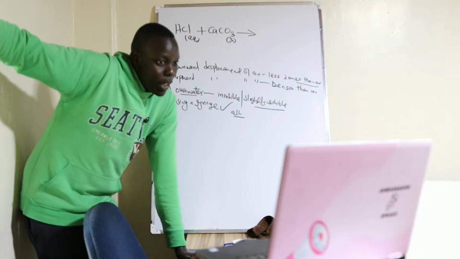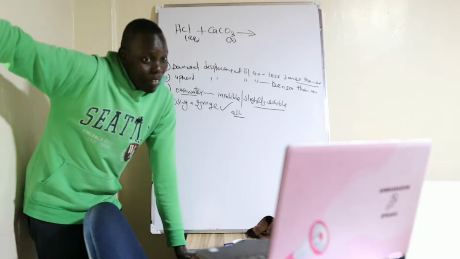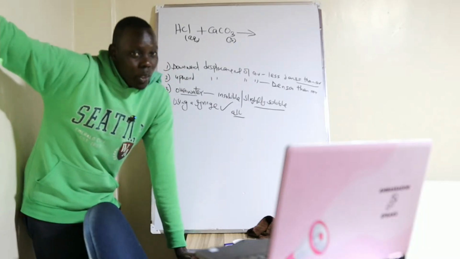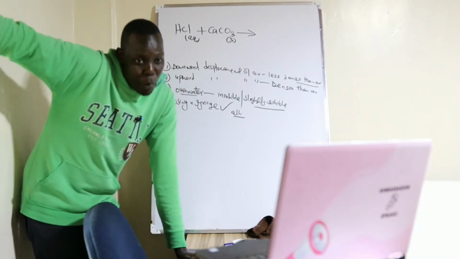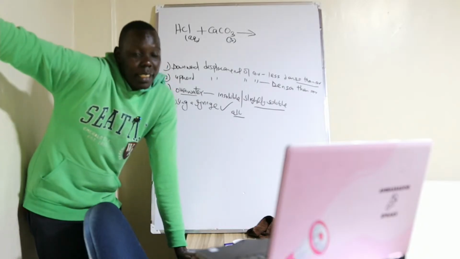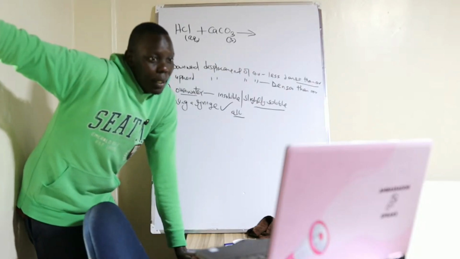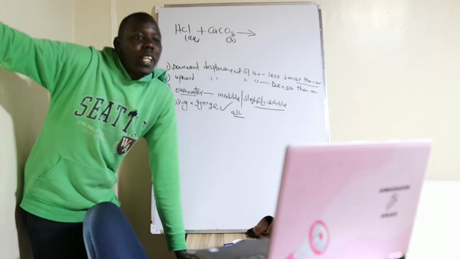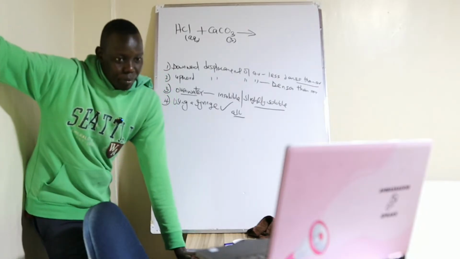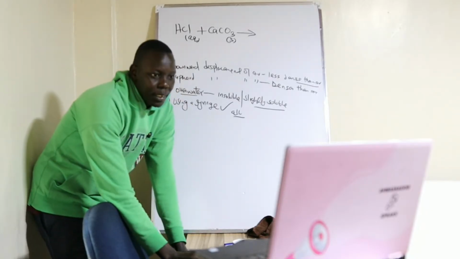So if you collect using downward delivery, and I collect using over water, you will have more CO2 than I will have. A given percentage will dissolve in water, to give us weak carbonic acid. You understand?